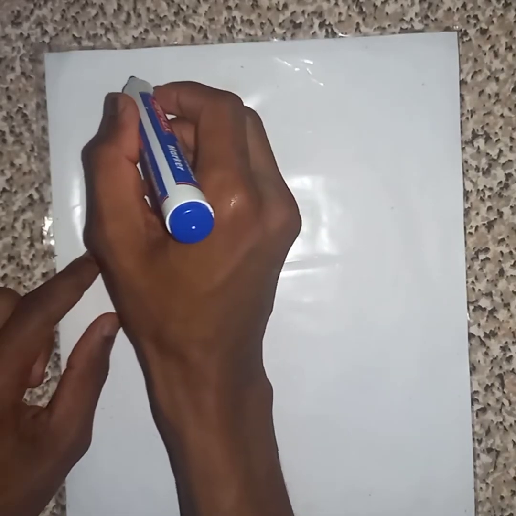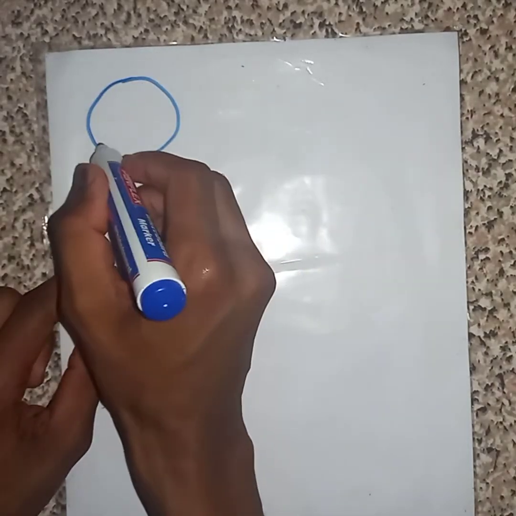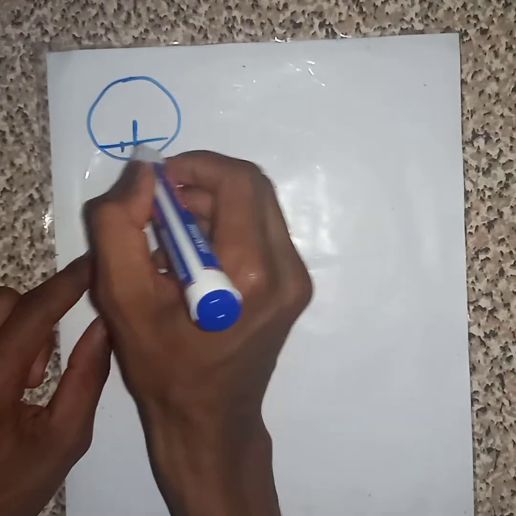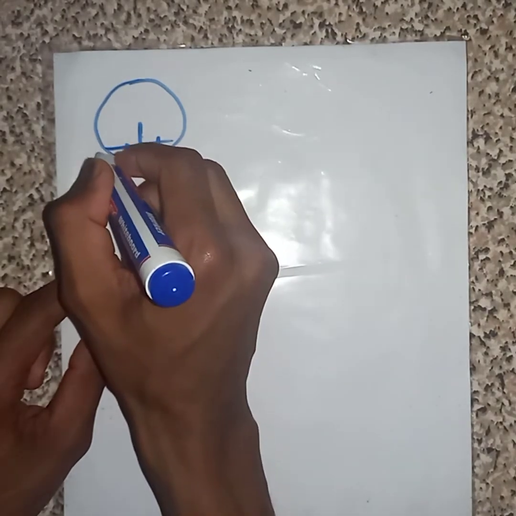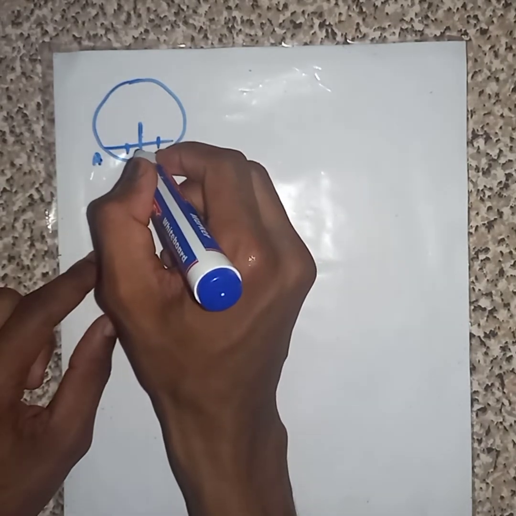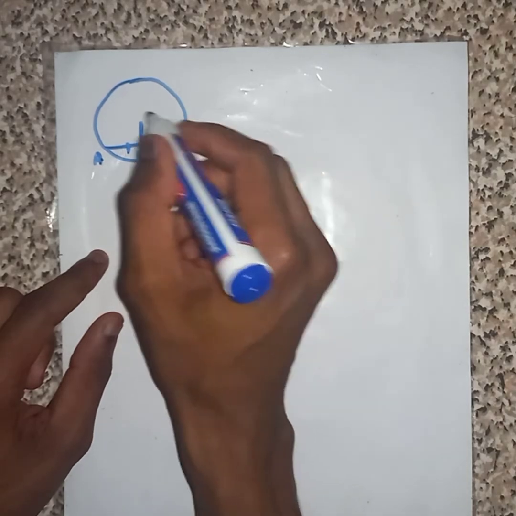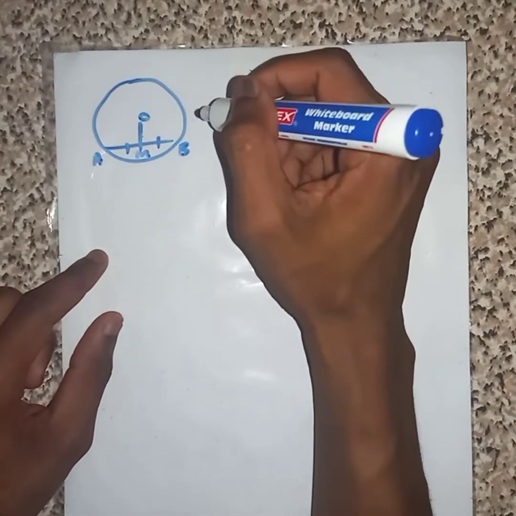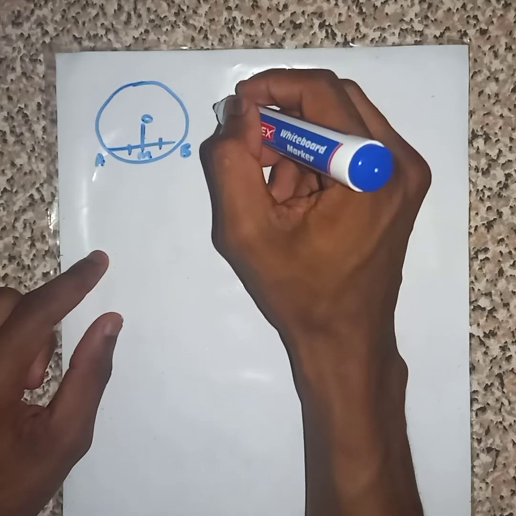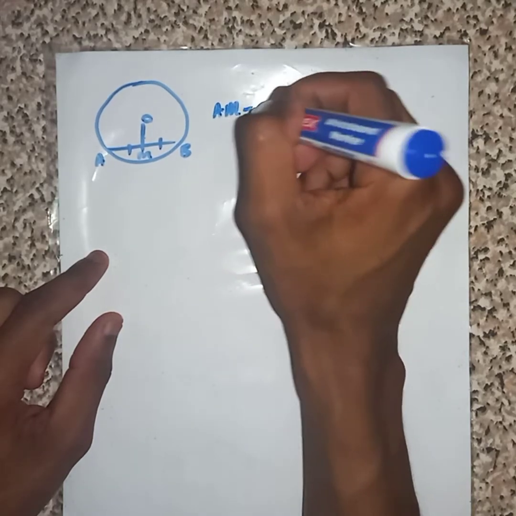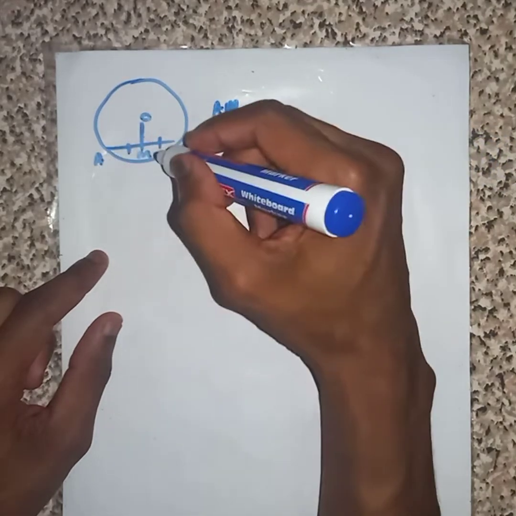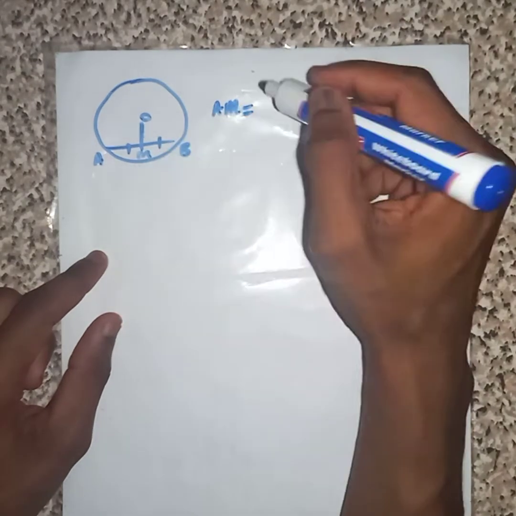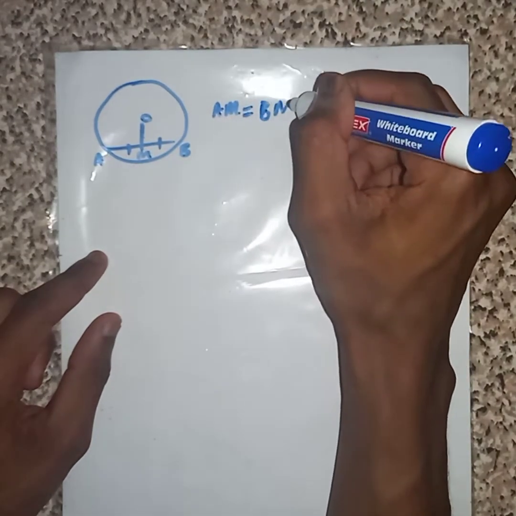If they give you something like this, whereby let's say A, M, B with O, we can clearly see that AM is equal to BM.